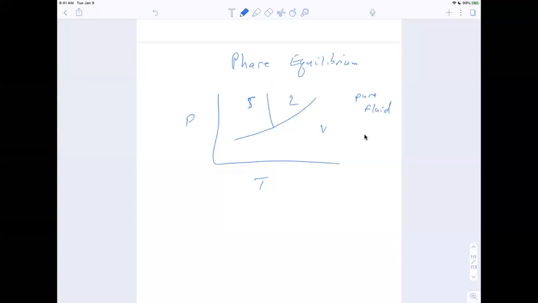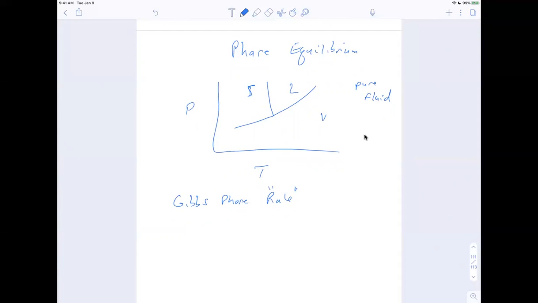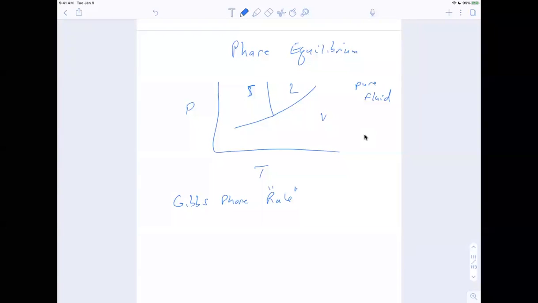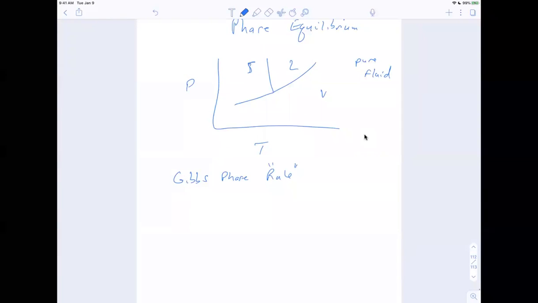And this was behind this thing called the Gibbs phase rule, which we derived. So it's really not a rule, it's just a manifestation of the first and second laws.